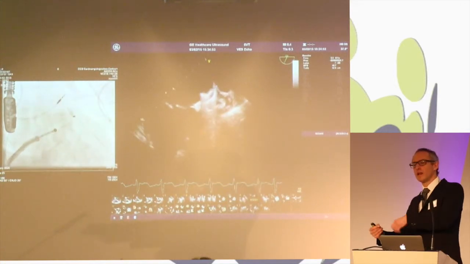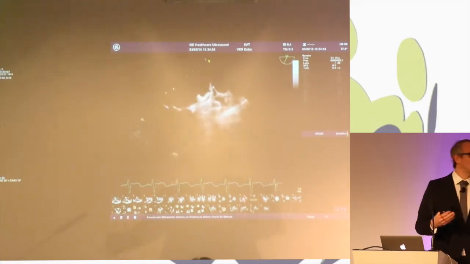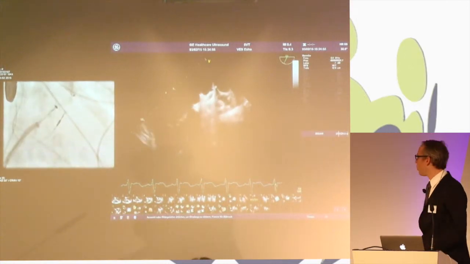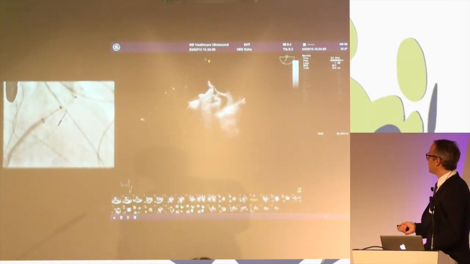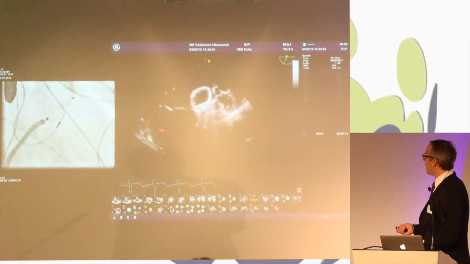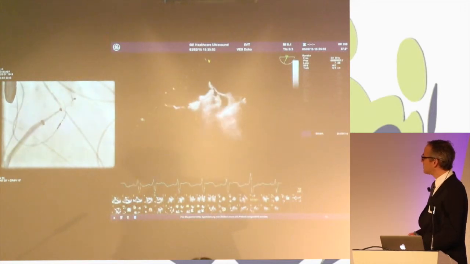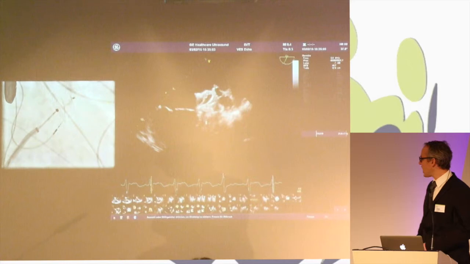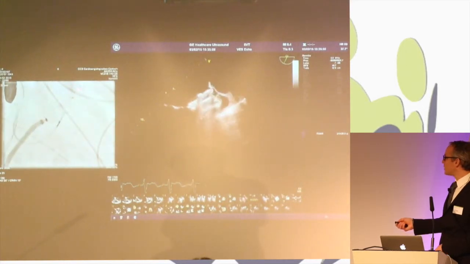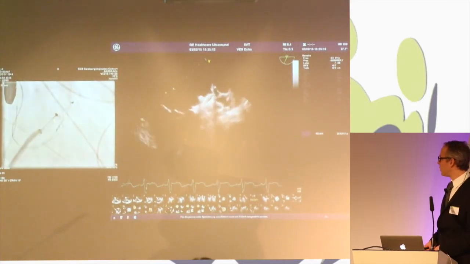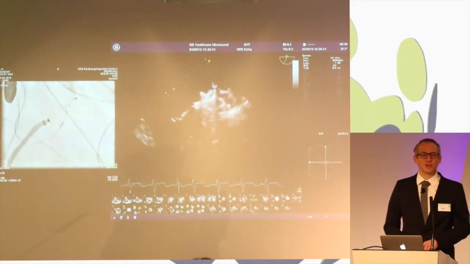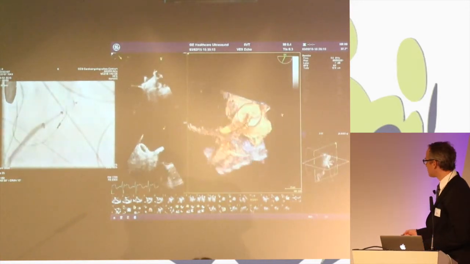Some people just pull and hold it for 1, 2, 5 minutes. I don't know which one's better. We feel this one is appropriate. And as you can see, despite pulling gently, the lobe is not changing its position, which is another criterion for us that it's stable enough.